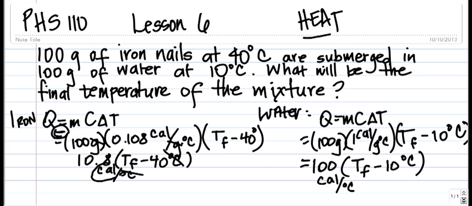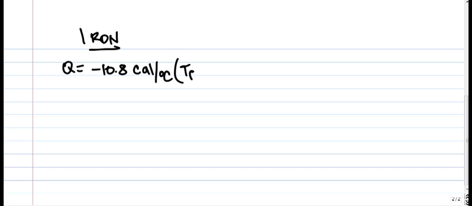I'm going to go ahead and clear the page and rewrite this information on a clean sheet. Hopefully you'll be able to see it a little bit clearer here. So for iron, I've got that Q is negative 10.8 calories per degree Celsius times some final temperature minus 40 degrees Celsius.